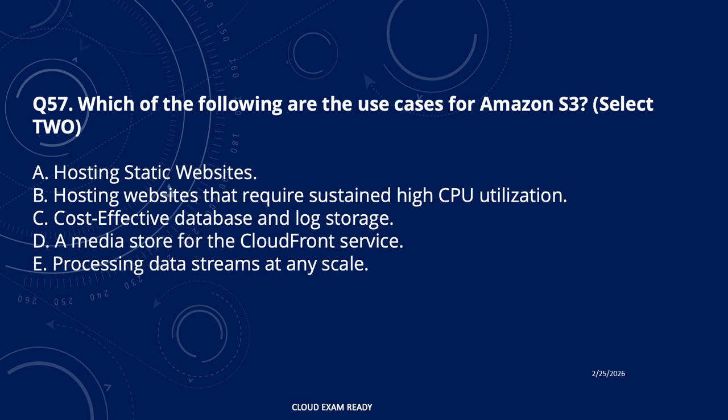Next, question number 57. Which of the following are the use cases for Amazon S3? Here we need to select two options. Option A, hosting static websites, option B, hosting websites that require sustained high CPU utilization, option C, cost-effective database and log storage, option D, a media store for the CloudFront service, and option E, processing data streams at any scale.